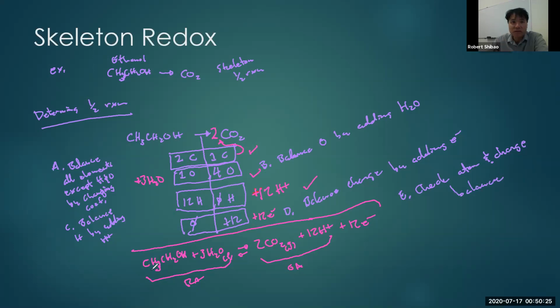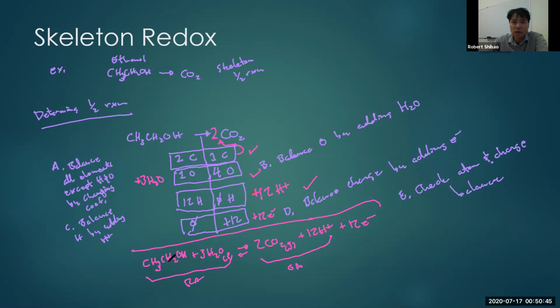Checking atom balance, I have 2 carbon atoms on the left. On the right, I have 3 plus 2 is 5, plus 1 is 6, plus 6 is 12. 12 hydrogens on the left, I have 12 hydrogens on the right. Then I have 1 oxygen plus 3 oxygens, 4 oxygens on the left, I have 4 oxygens on the right. So the atoms are balanced. Then I check the charge.